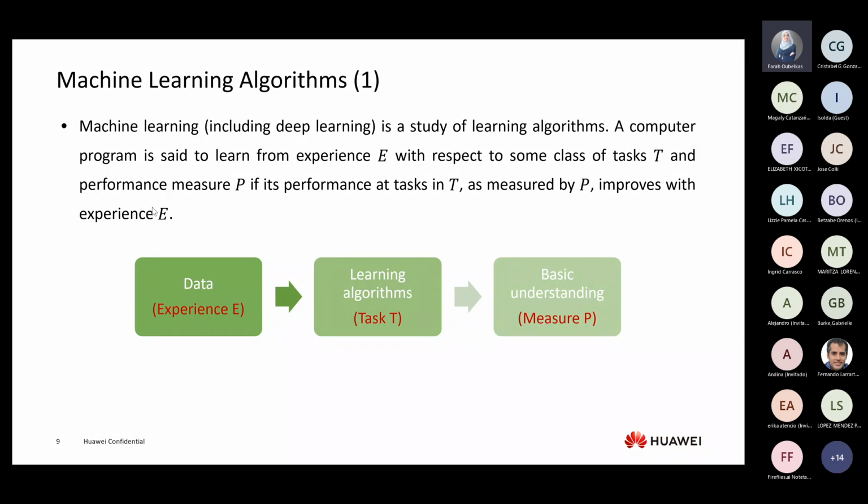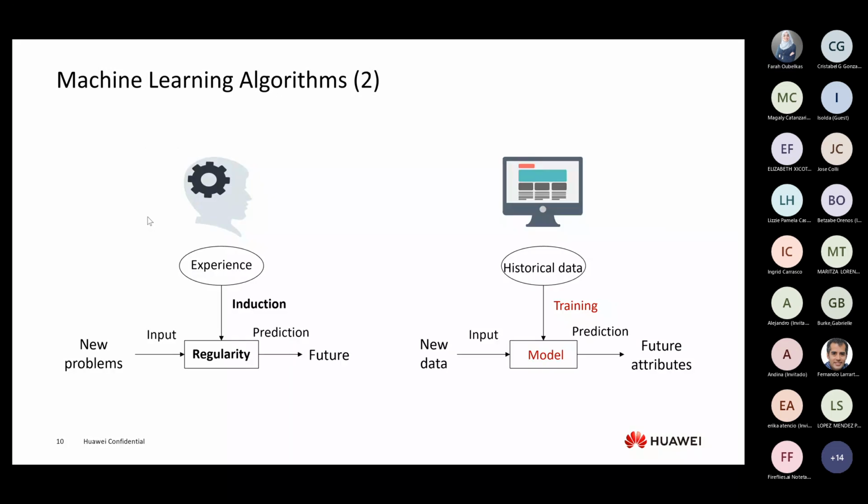For example, reinforcement learning algorithms interact with the environment. So there is always a feedback loop between the learning system and the training process. We're going to see what reinforcement learning is. I'm going to give you an example in a few moments.